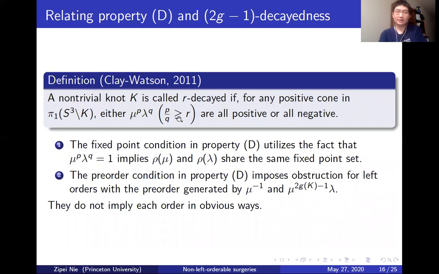Now let's compare property D with the 2g minus 1 decayedness. The first difference is that in our definition, the first condition, the fixed point condition, uses the fact that the actions of mu and lambda share the same fixed point sets if we have mu to the p's power times lambda to the q's power equal to 1, and p and q are not zero.